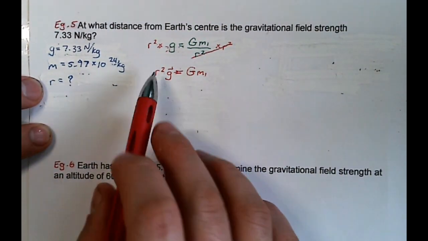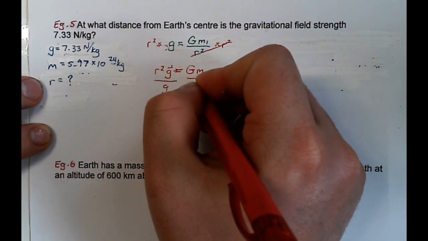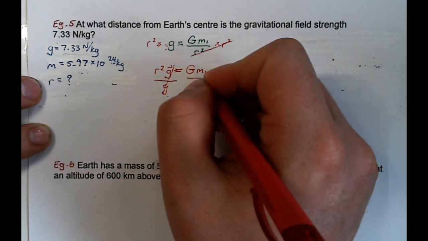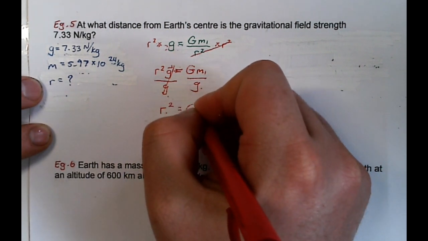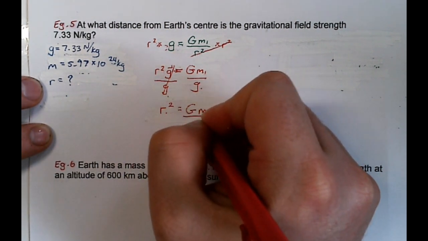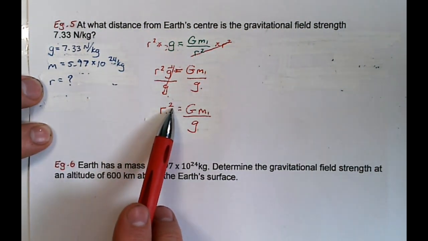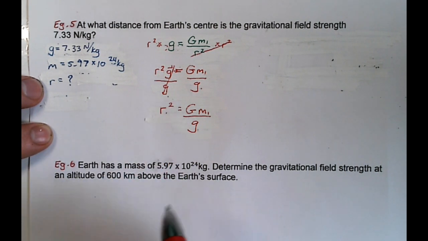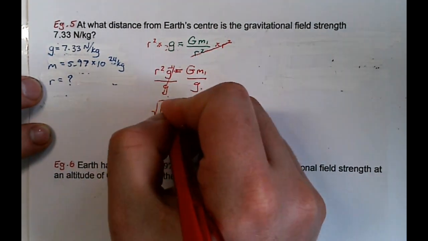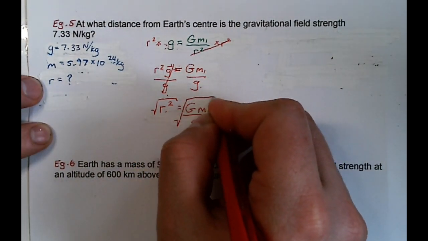Again, we want to get this r by itself. We'll divide both sides by g. That'll leave us with r squared is equal to G m1 over the field strength. Our last step wants us to get rid of that squared. So to get rid of a squared, we take the square root, but if we do it to one side, we have to do it to the other.